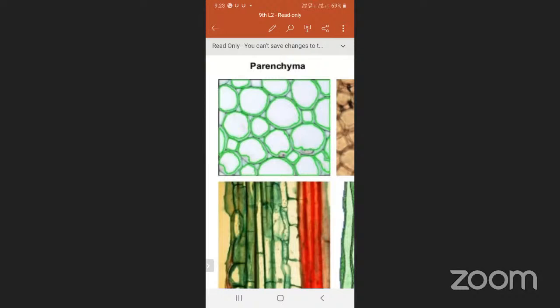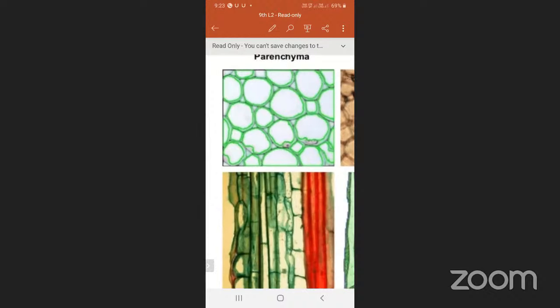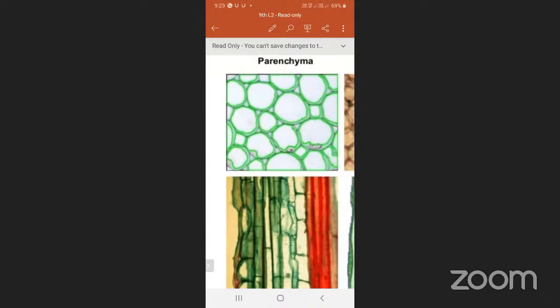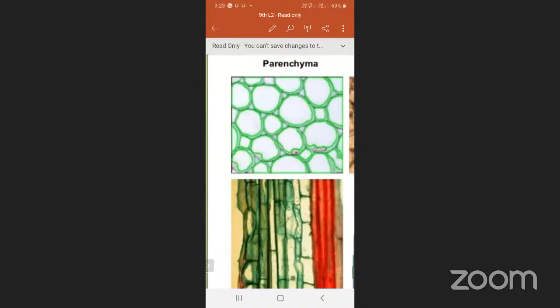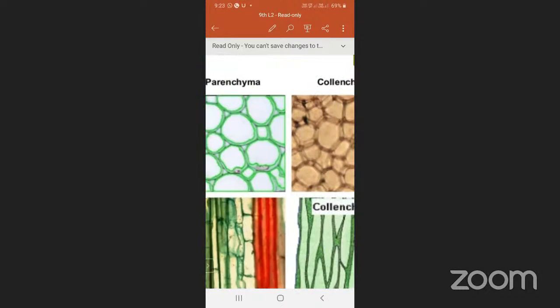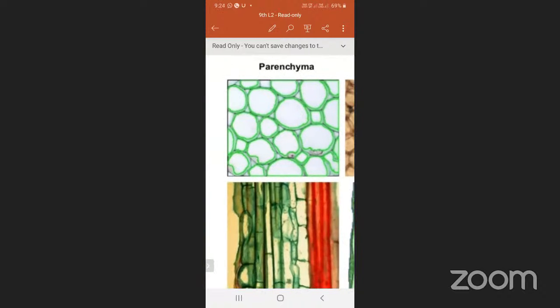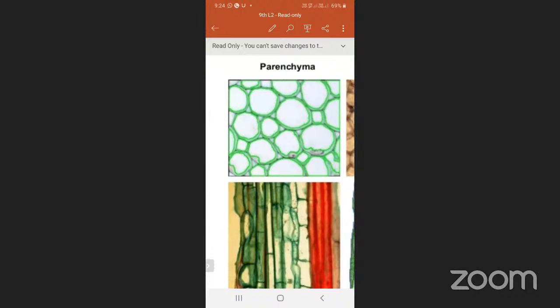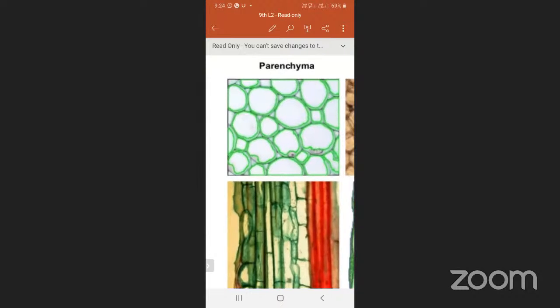The one which contains chlorophyll is chlorenchyma, which contains air cavities is aerenchyma, and which stores water, food or waste products is called storage tissue. So parenchyma is divided into three.